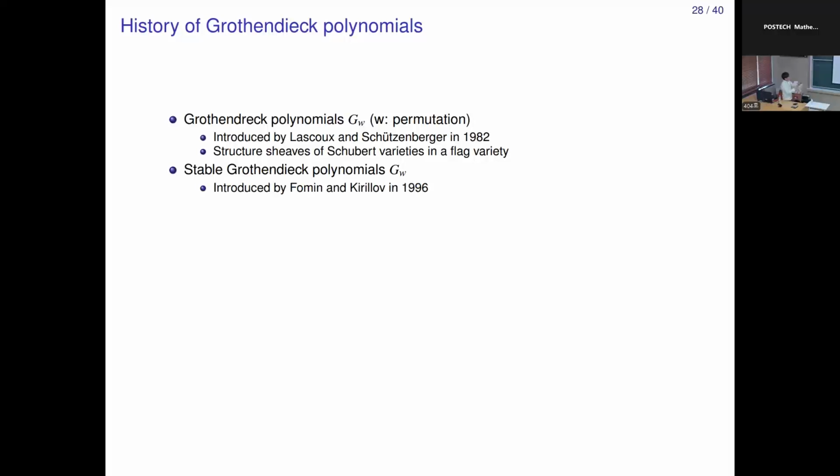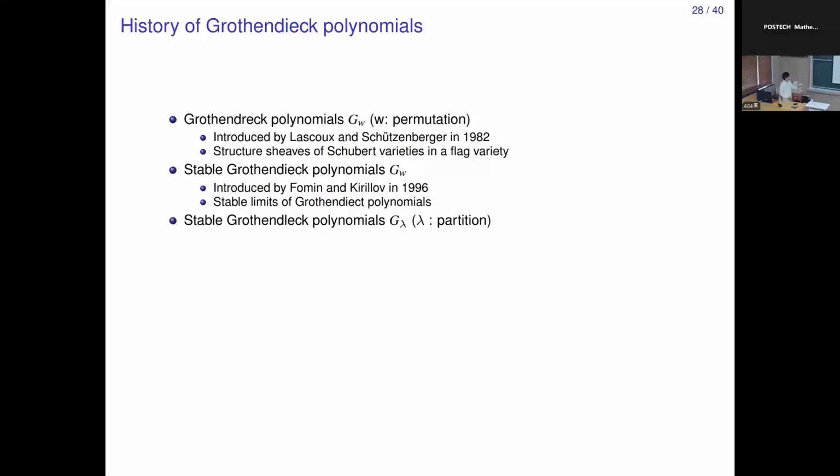Stable Grothendieck polynomials are a special case of the original one, introduced by Fomin and Kirillov. And if I remember correctly, this is not a symmetric function, but it is a symmetric function. And now still it is indexed by permutation. But we can also focus on specific Grothendieck polynomials, like a Grassmannian type, then they are now indexed by partitions.